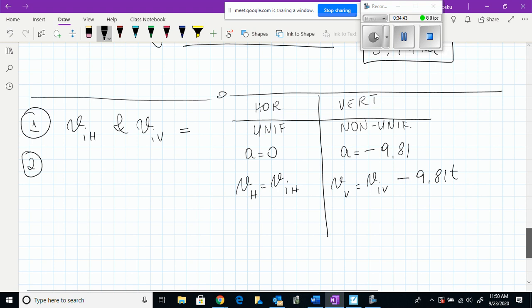Then the range follows the equation of the horizontal component of the initial velocity times time, because we are dealing with uniform motion, and the vertical displacement follows v_i t minus 4.91 t squared, which is 1/2 times 9.81 t squared.